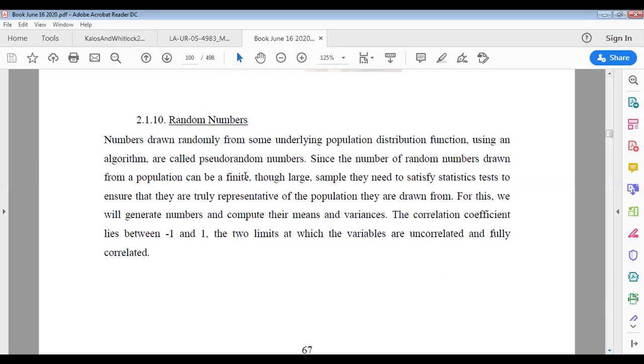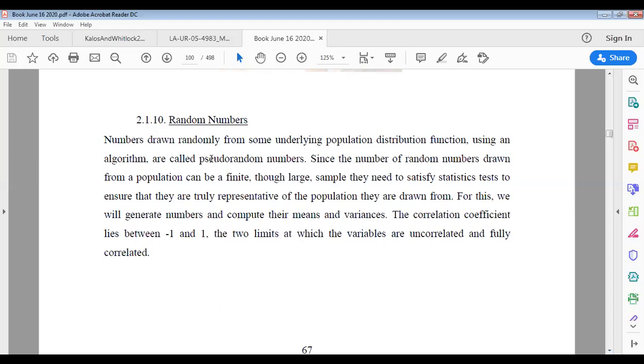So we study random numbers which can be generated from some algorithm because we've got computers, so we have to put in some algorithm. Now, if you want to look at numbers which are truly random, then you have to look at some natural phenomena such as radioactive decay.